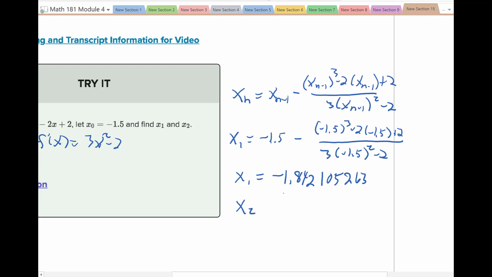My x sub 2, I'm not going to write that all out because it's just really messy. And that's going to be negative 1.772826920. This is an 8, not a 4. I was writing an 8, but it's small at the bottom, so I'm reading and writing at the same time. So that's it for this section. We're going to talk about some other iterative processes, and then we'll be finished with the part on Newton's method.